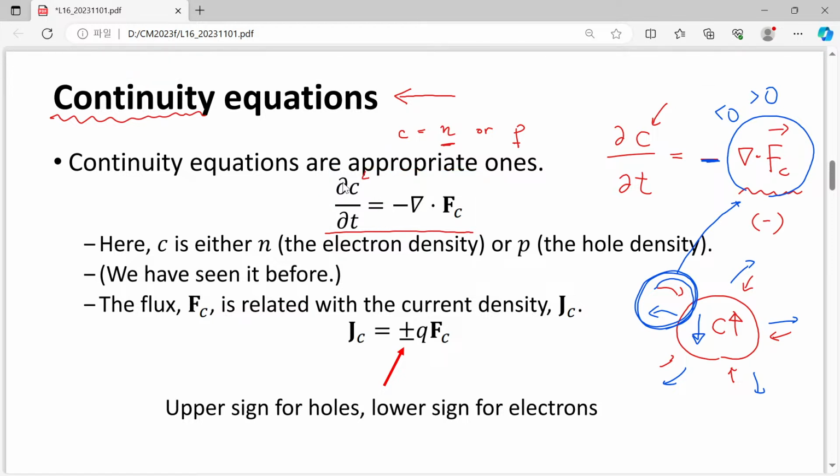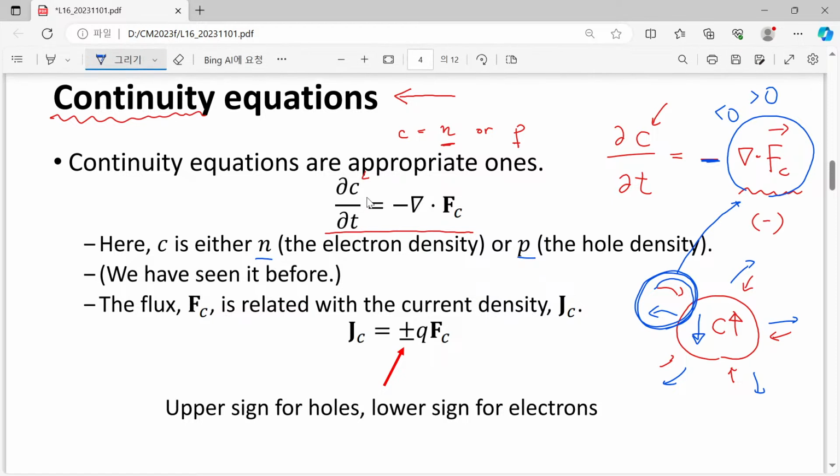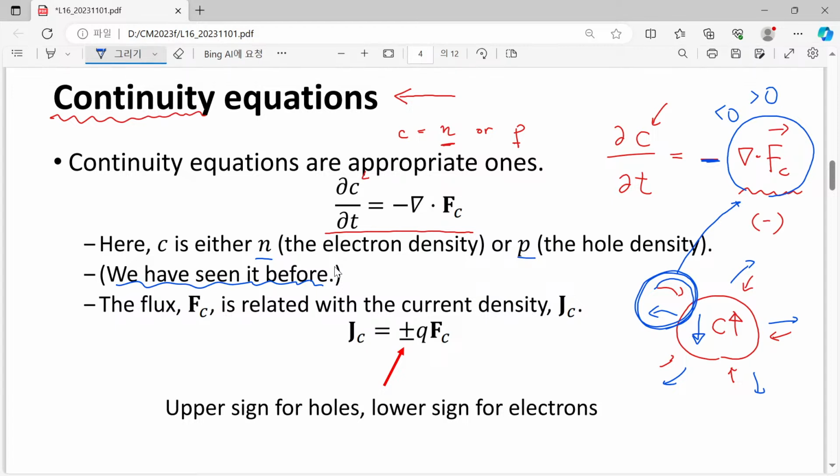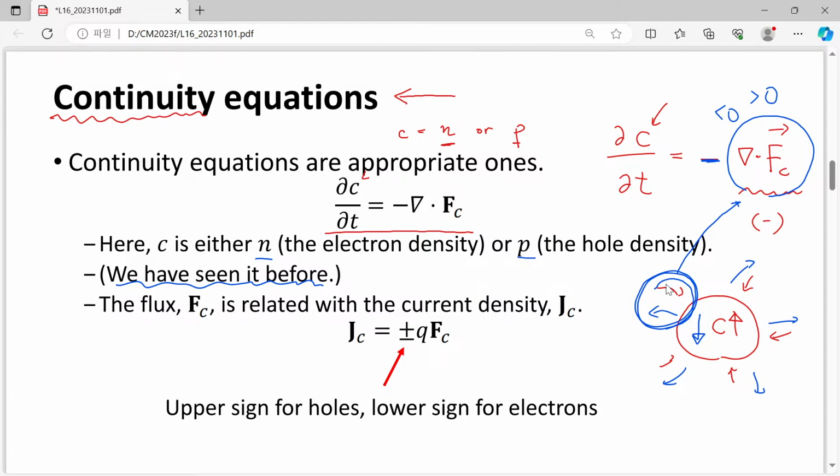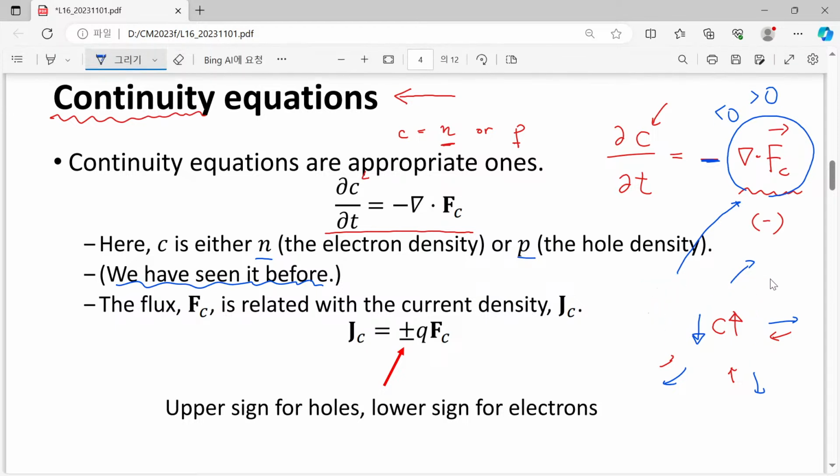Okay, so now for electrons and holes, we can have a unified form of our continuity equation. And we have seen it before in the process simulation. So now let's go to the next part.